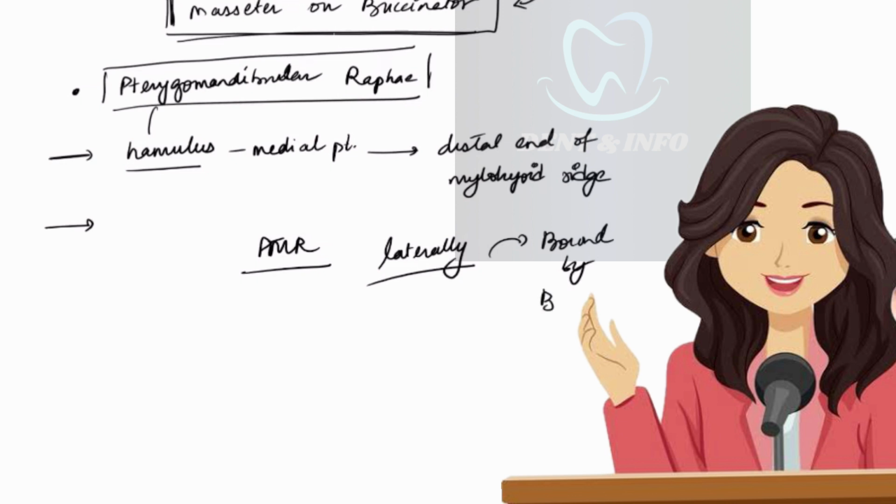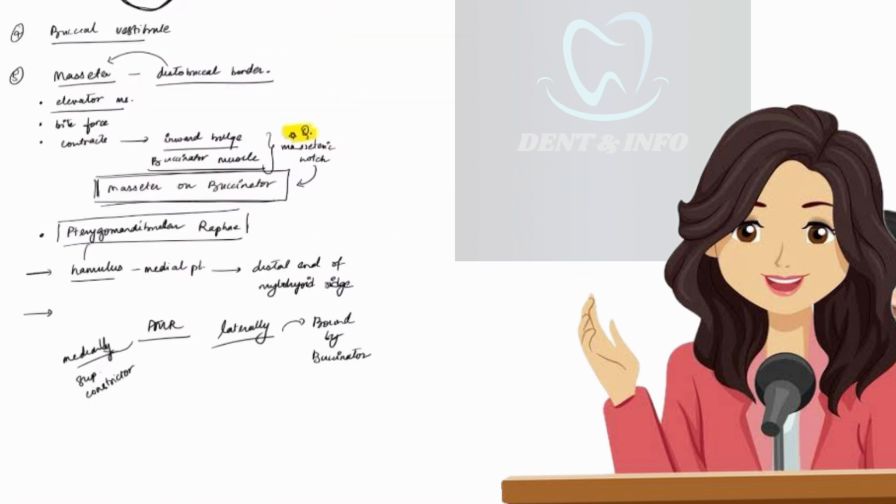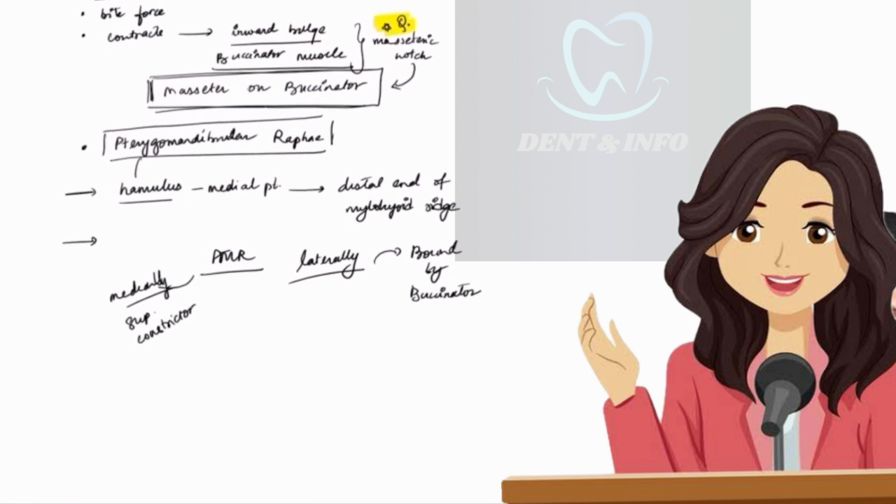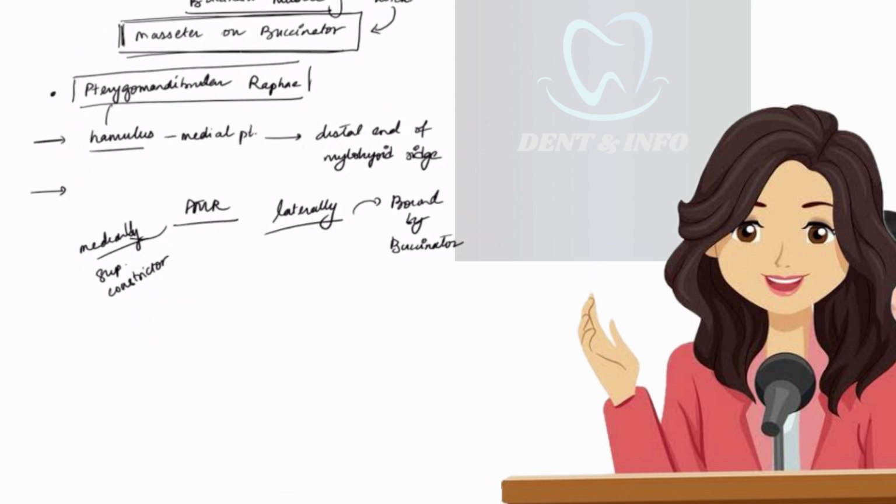So laterally, it is bound by buccinator, but medially, it is bound by one pharyngeal muscle, which is your superior constrictor. Like I just explained, it is bound laterally by your buccinator muscle and medially by your superior constrictor muscle.